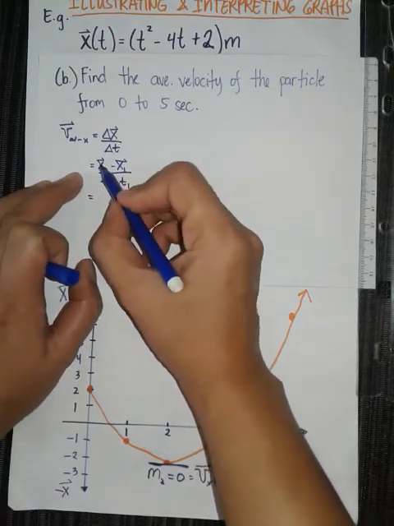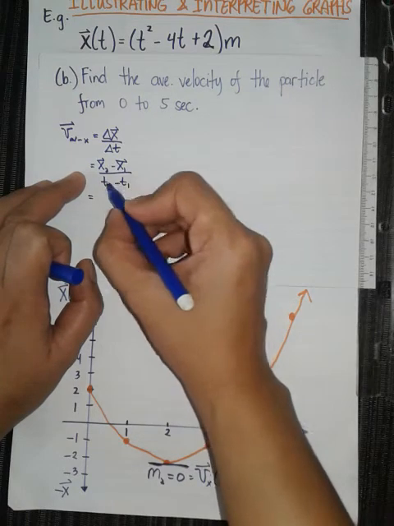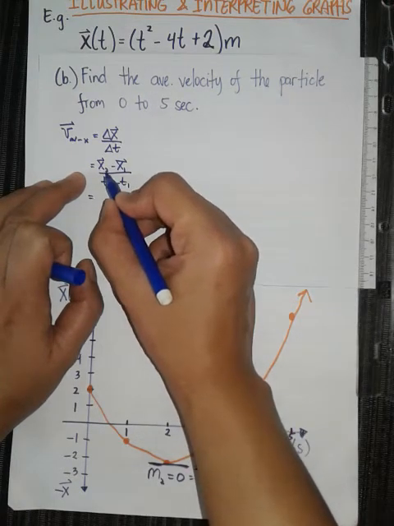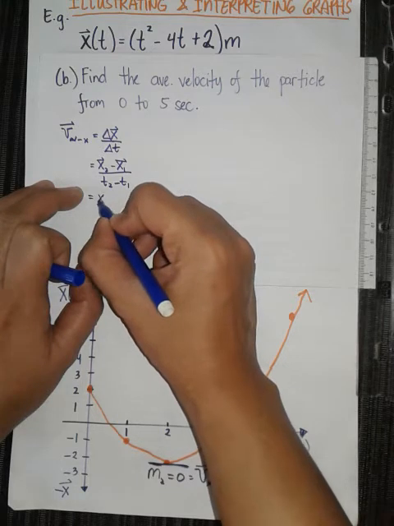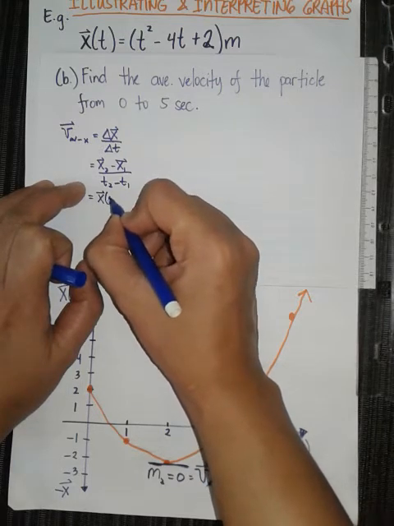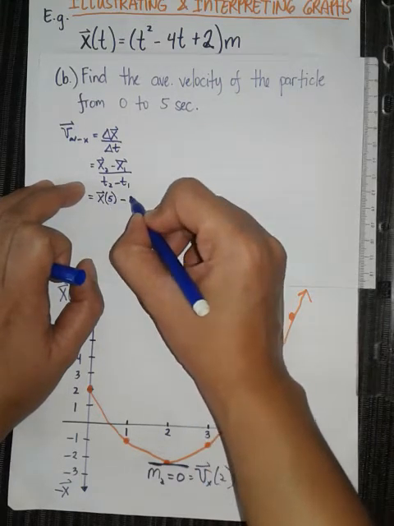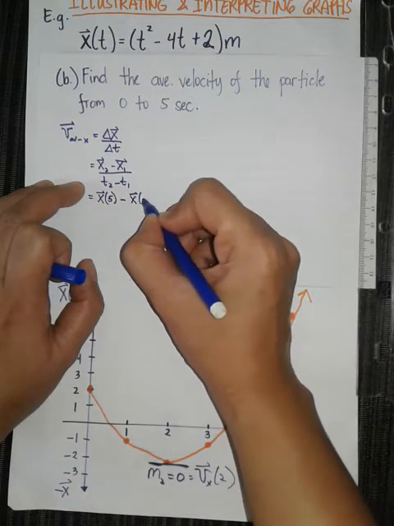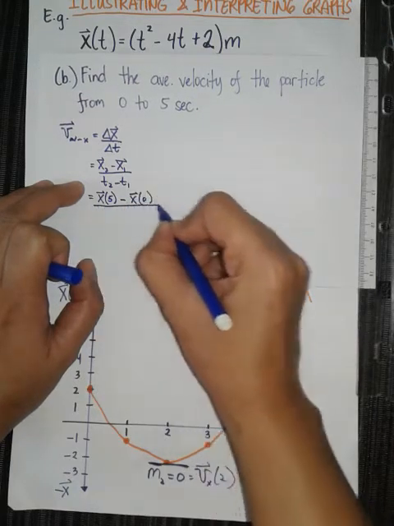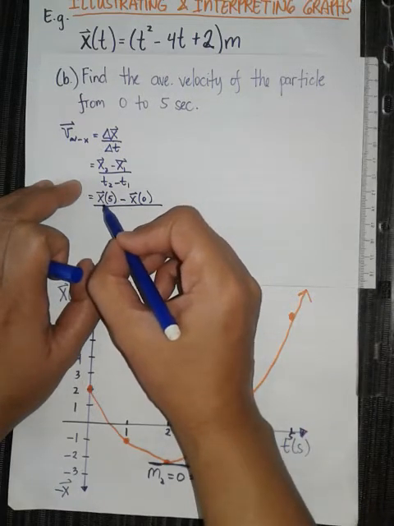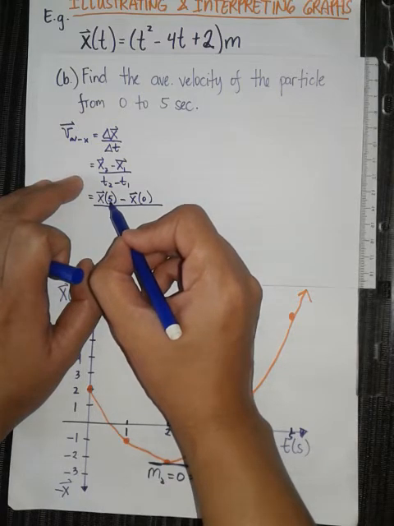In this case, our final time is 5. So the x position at final time is simply the position when time is 5 seconds minus the position of the particle when time is 0.